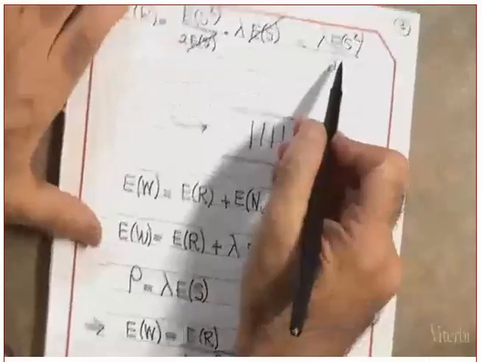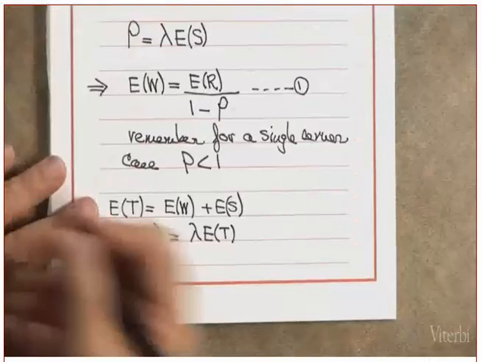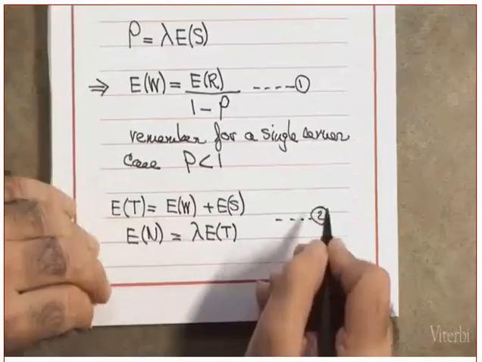Okay. Let's see if you can help me. For M/M/1, what was E of T? 1 over mu minus lambda. Remember this equation? Clear? And what is E of W? E of W is equal to E of T minus E of S, which is equal to 1 over mu minus lambda, minus 1 over mu.